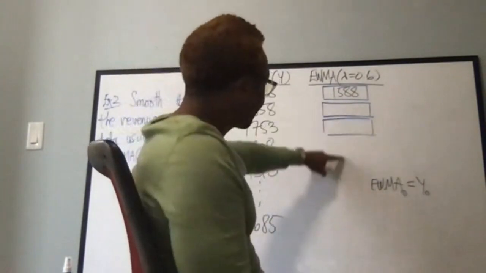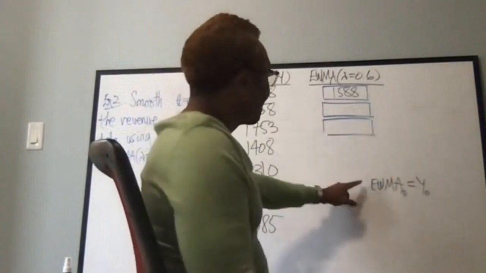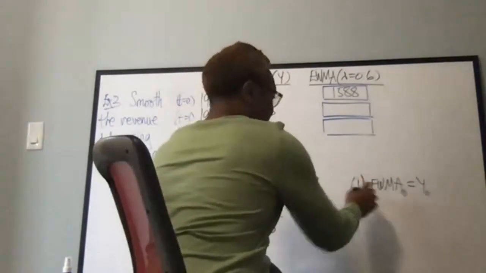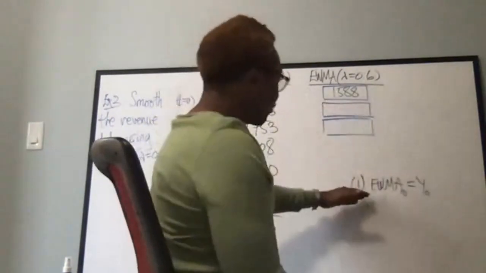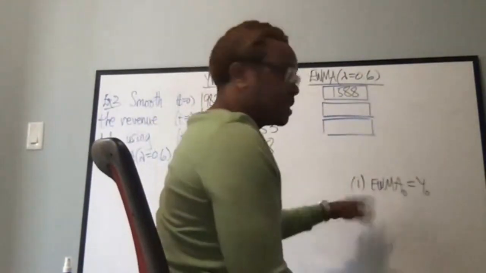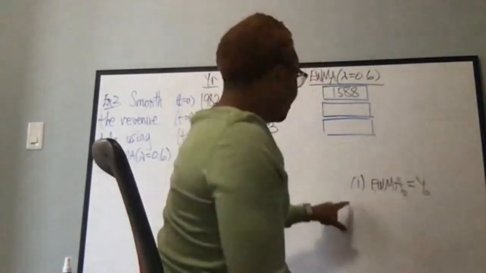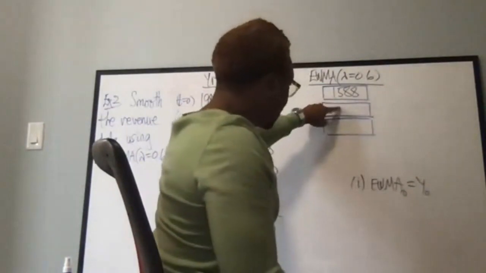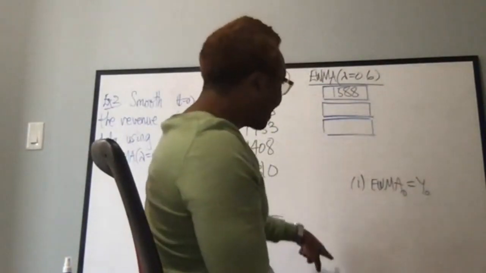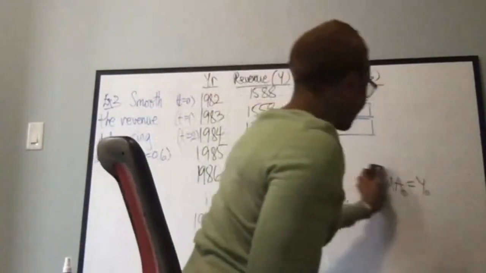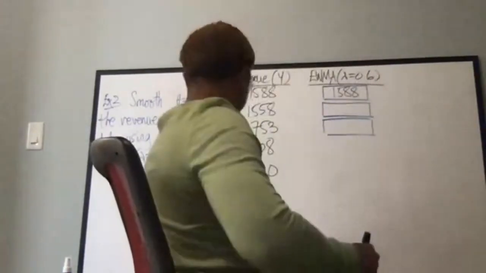The rest of these answers here come from the second part of the algorithm that I wrote. See, this was the first one. That takes care of that. The rest of these answers come when t equals 1, 2, 3, and so on, and come from this second part. Now, let me write the second part over again so we can see what it looks like.